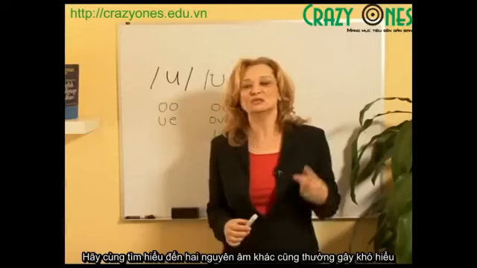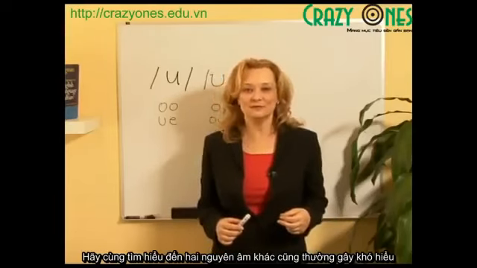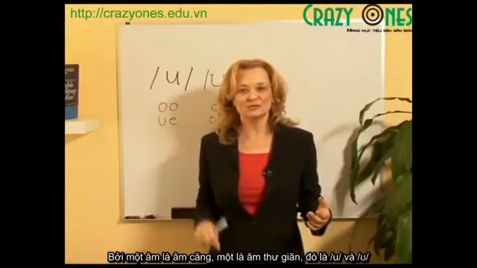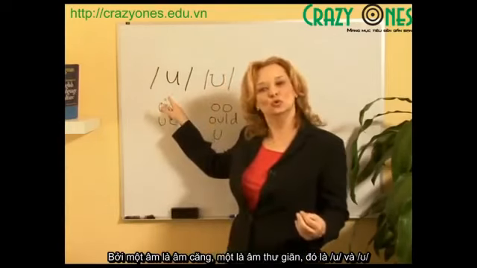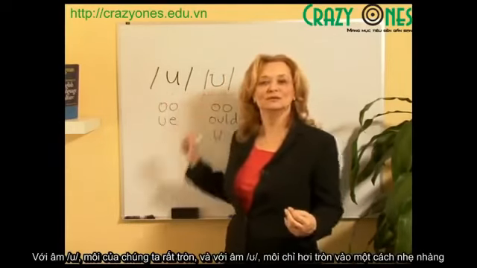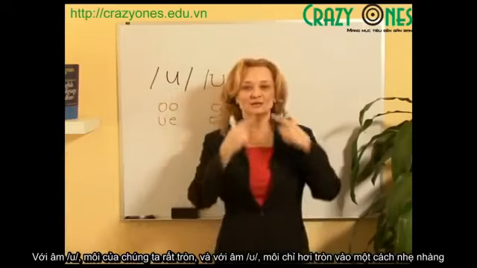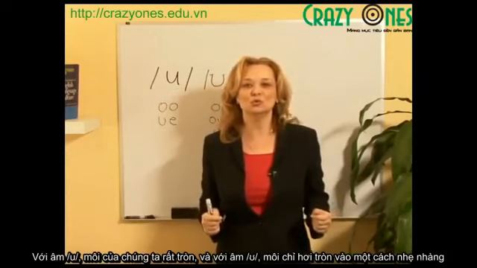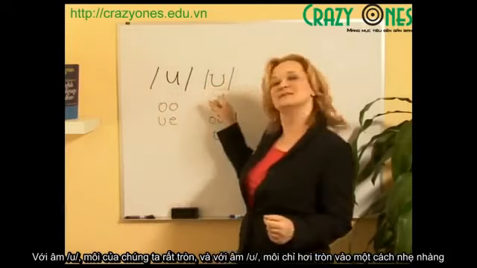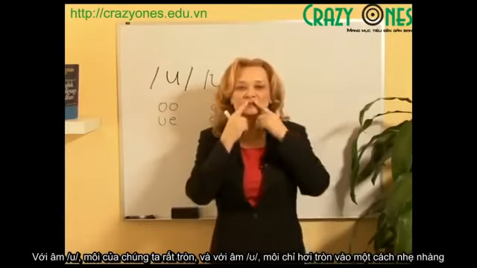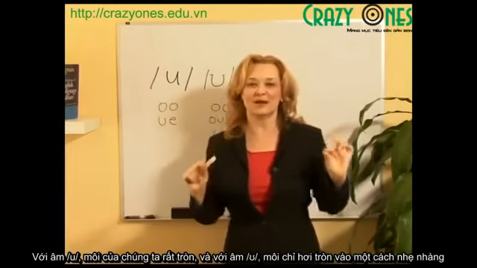Let's take a look at two more vowels that are commonly confused because one is tense and one is neutral. It's the oo and the other. For the oo sound, the lips are rounded. Oo, oo. And for the neutral sound, the lips are very slightly rounded.